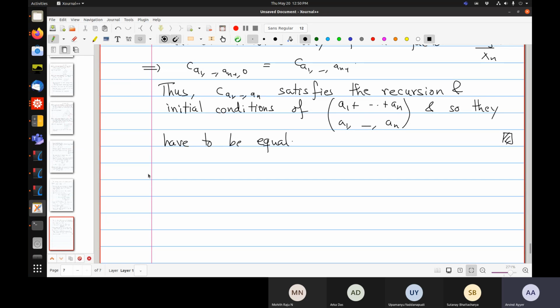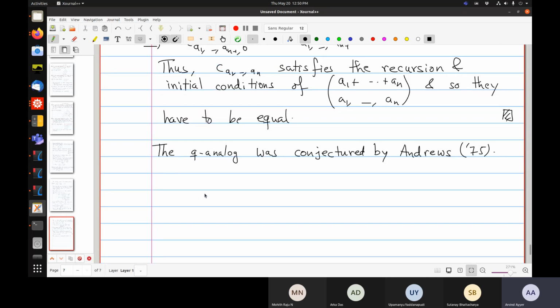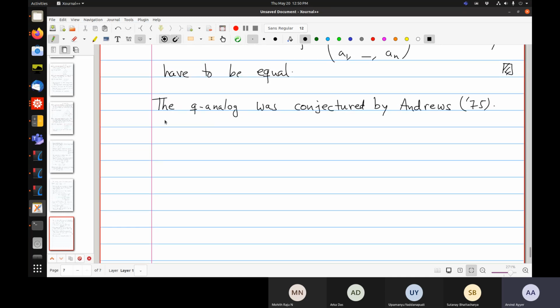A q generalization, the q analog, was conjectured by Andrews in 1975. To define this, I don't think I defined the Pochhammer symbol, so let me do it.